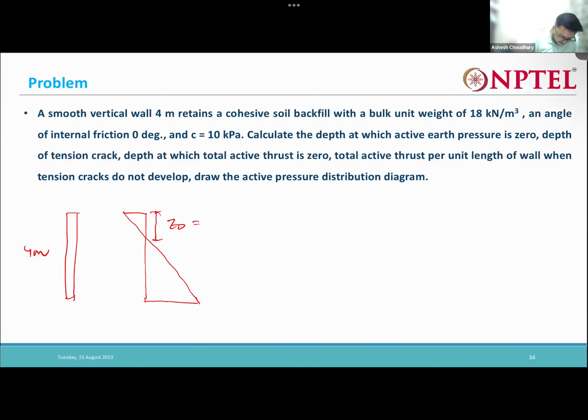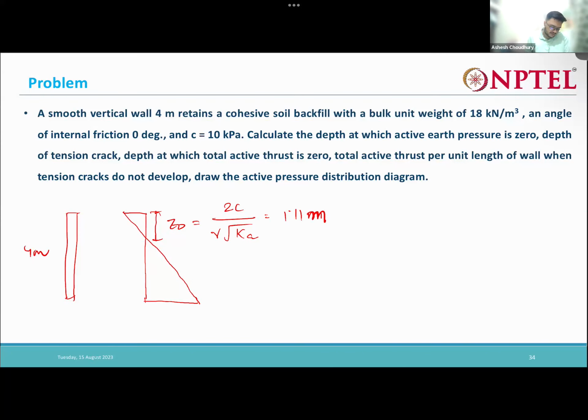That Z naught depth is given by 2c by gamma root Ka. So what is the Ka value, the coefficient of active earth pressure in this case? With phi equal to 0, Ka is 1. So Z naught will be twice c by gamma, which comes to 1.11 meter.